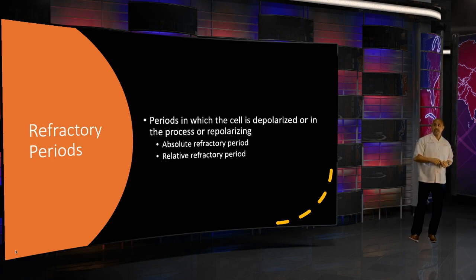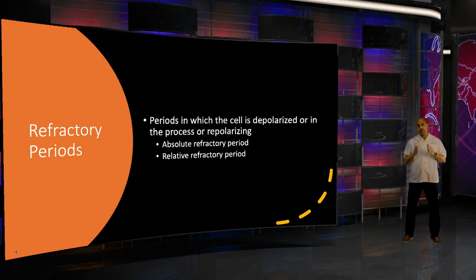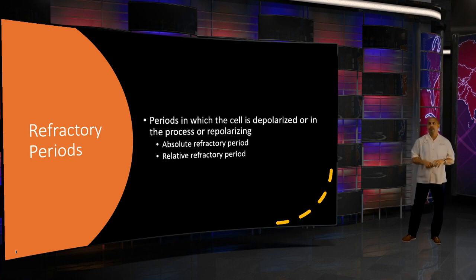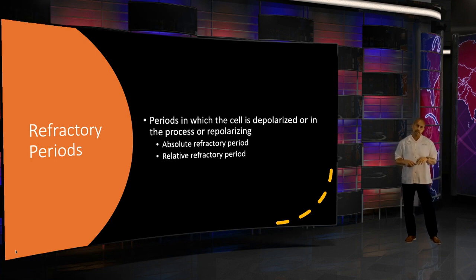We have the refractory phase. The absolute refractory phase, as I mentioned, is a phase where there's absolutely no way the sodium channels can be activated, because they quickly deactivate. You have to repolarize to activate again. So we have the absolute refractory and the relative refractory. Absolute means you can't do it.